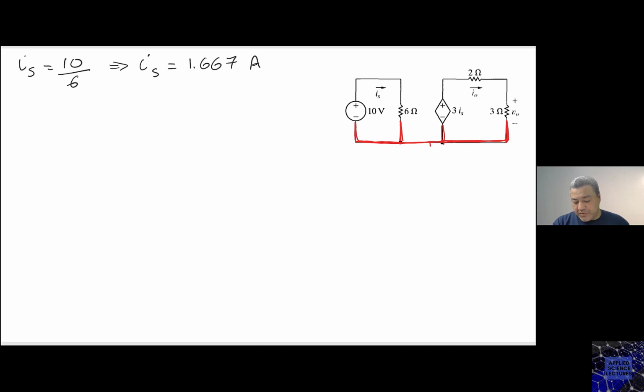If you put ground here, this is the reference point for all of them. And don't forget that they are bound by this controlling variable, called IS, and that dependent source.